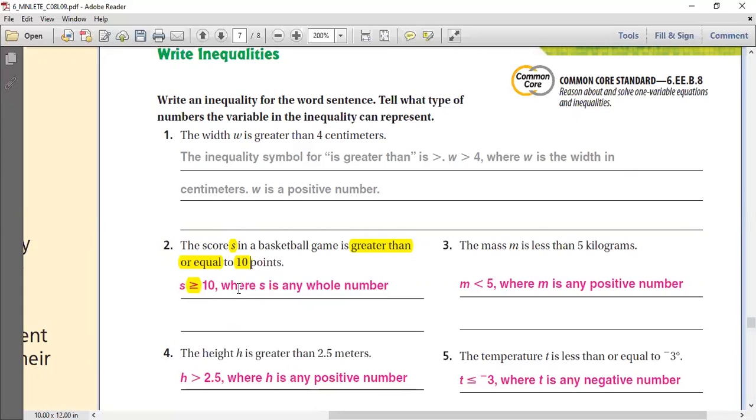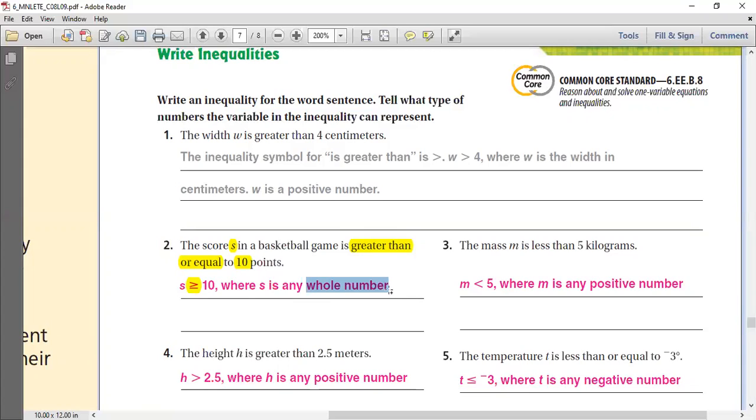So when you're playing a basketball game, I have really no practice of playing basketball games, but if any of you are playing, maybe you know that the scores do go in positive as well as negative. So that's why they said S can be more than 10, which means it's a game, so your points can go in negative too. So that's why they said S is any whole number, because the scores in a basketball cannot be in points.